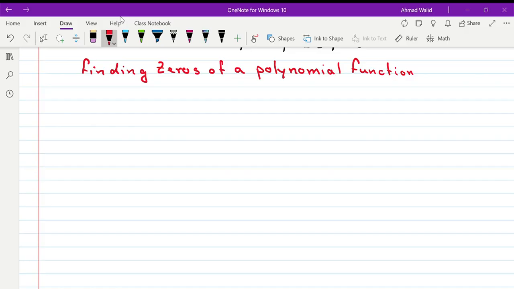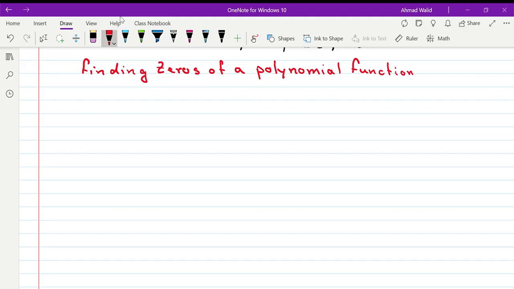Possible zeros was easy. Now, how to find zeros of a polynomial function? In some books, they call it real zeros, but it's better to call it zeros in general, because sometimes you get some zeros that are not real, correct? They involve i in them, which you will see soon.